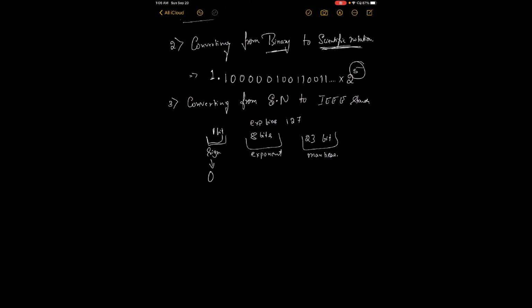If the number is positive, we add it to the exponent bias, so 127 plus 5. And if the number is -5, then we negate it from 127. So 127 is like the middle. If the number is positive, add it to 127, and if negative, subtract it from 127, and then represent it in 8-bit binary format.